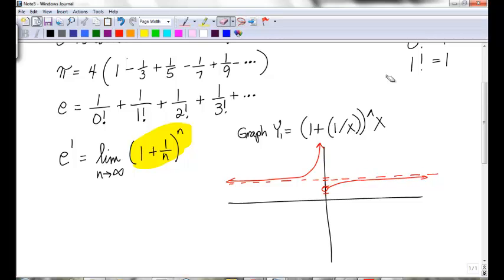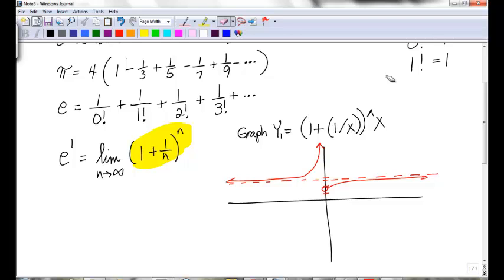Okay. That's pretty quick. But if you put the trace key on and look at the y value, say you want to go way out there. So let's change the window. Let's go out to 1,000 and 1,001: x max for 1,000 and x min for 1,001, and then put the trace key on. It should show the y value.